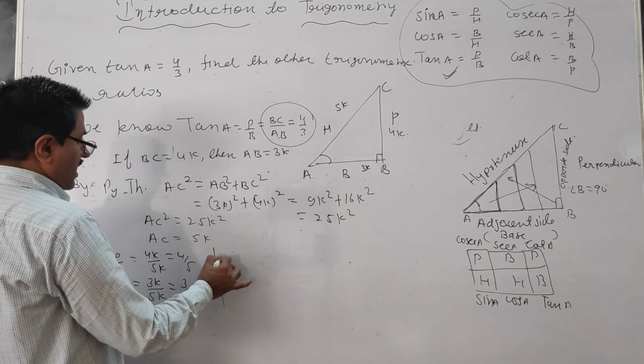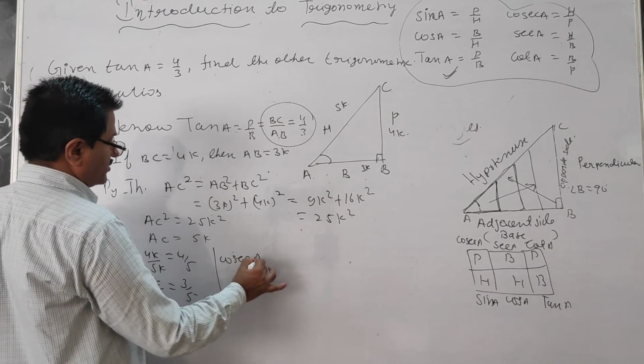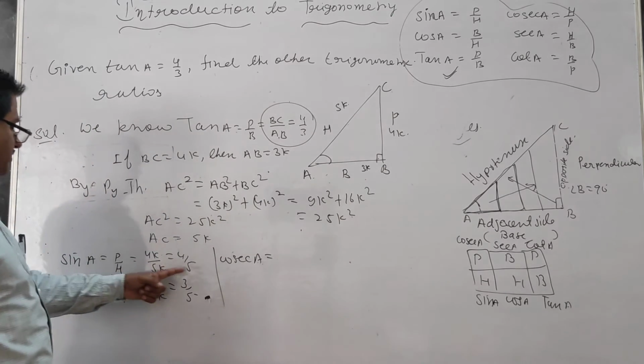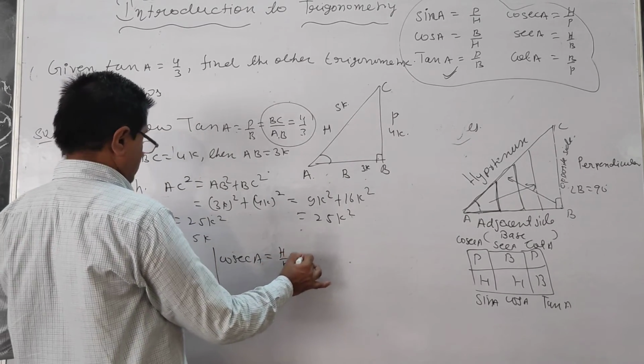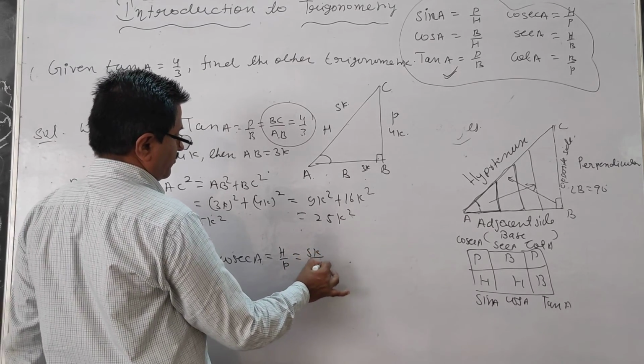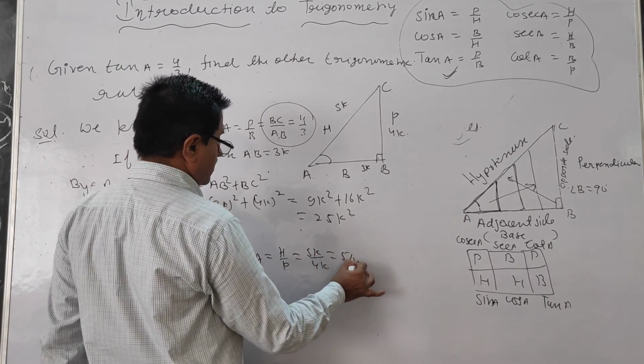Then cosec A is the reciprocal of sin A, or you can write H upon P, or 5K upon 4K, that is 5 by 4.